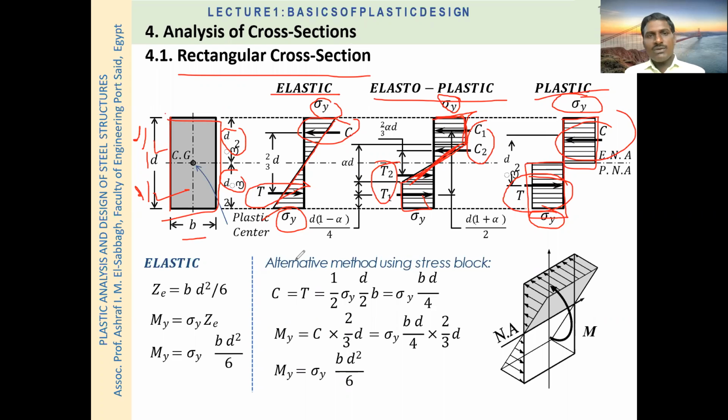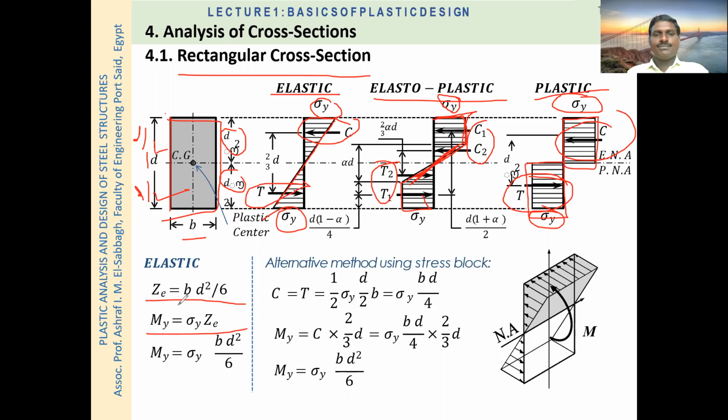As we have seen in the last slide, for a cross section, we calculated My and Ze, and Mp and Zp, by the formulas we have seen. In the elastic behavior, we have to calculate Ze and My. My is nothing but sigma y into Ze.